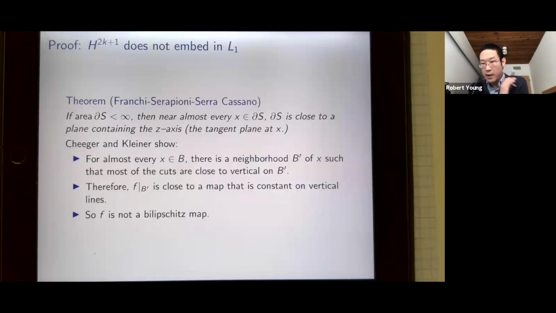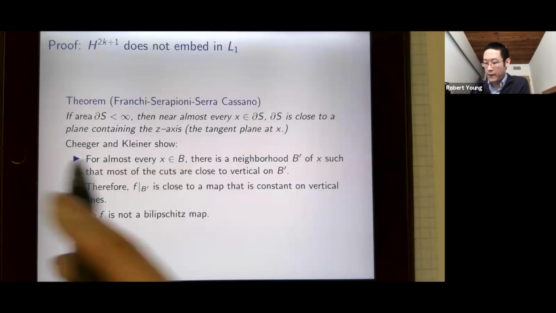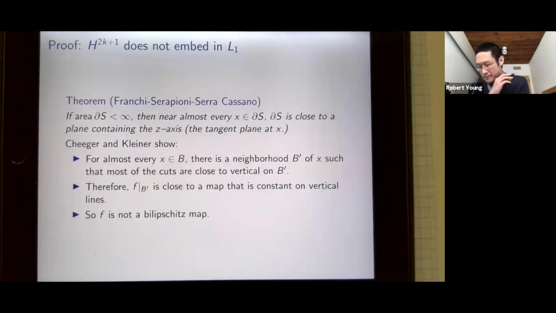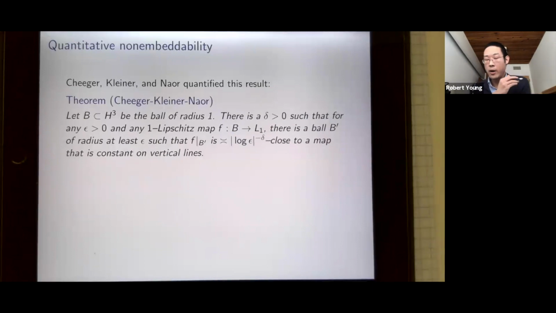So this is non-quantitative. This tells you that there's some ball where vertical lines collapse, but it doesn't tell you much more than that. If you do this argument carefully, Hieger, Kleiner, and Naor went through this result and tried to figure out exactly how big that ball, where all the vertical lines collapse, is, and they showed the following.